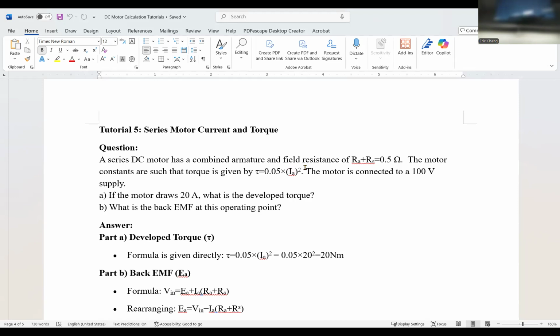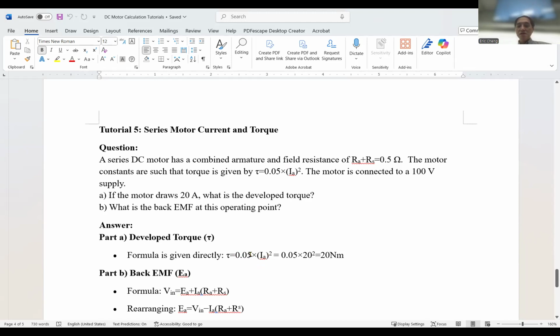Because in series the field winding carries the same current as the armature current IA. So the field winding is providing the magnetic flux. The torque is usually proportional to magnetic flux and proportional to IA, but the magnetic flux is also proportional to IA, so it becomes IA squared. That's why for the series motor we provide IA squared.